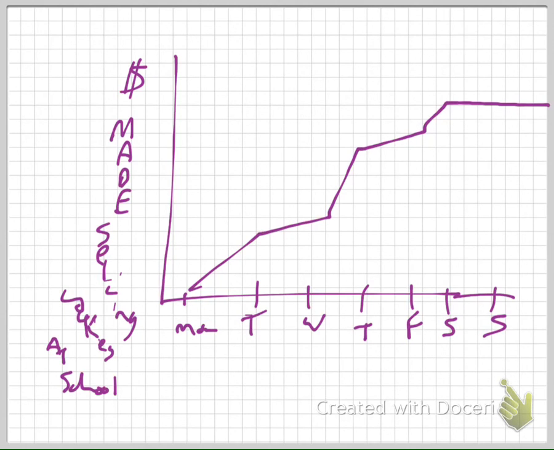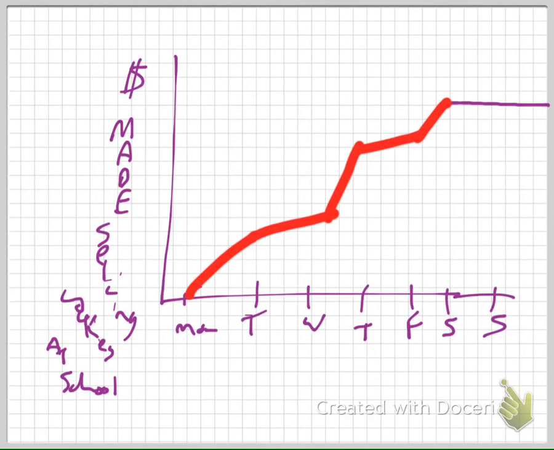Explain to me what happened here. Just ballpark what happened. Just tell me. So here's the deal. On Monday and Tuesday, they made some money, right? They were making money on Monday and Tuesday. Agreed. They even made a little bit more money here, right? Because it's still going up. They made a lot of money here, still going up. Made some money here, going up.